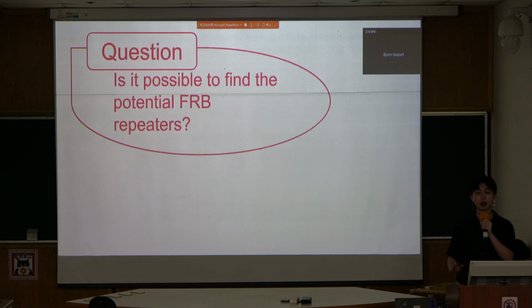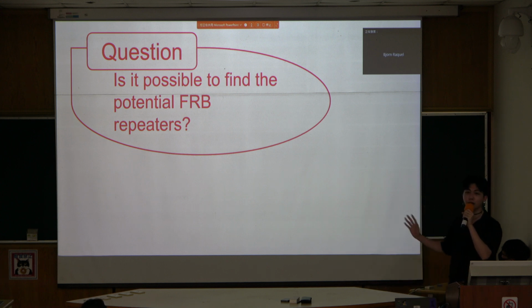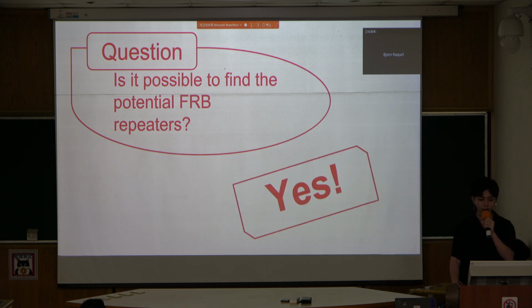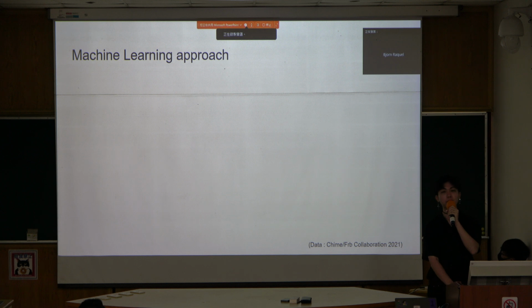Okay, so here comes the most important question. Is it possible to discover this kind of hidden repeating fast radio bursts without the expensive monitoring? In this research, the answer is yes, we can do this. Okay. The way we achieve this goal is using machine learning.